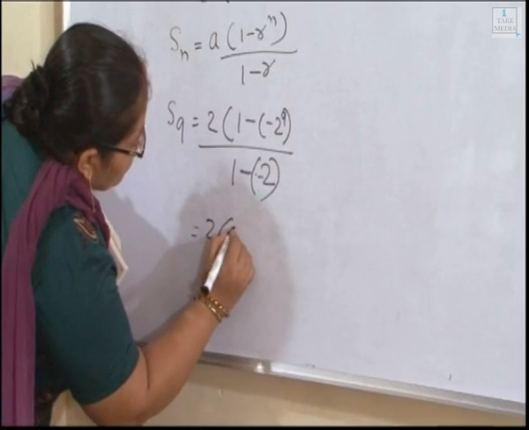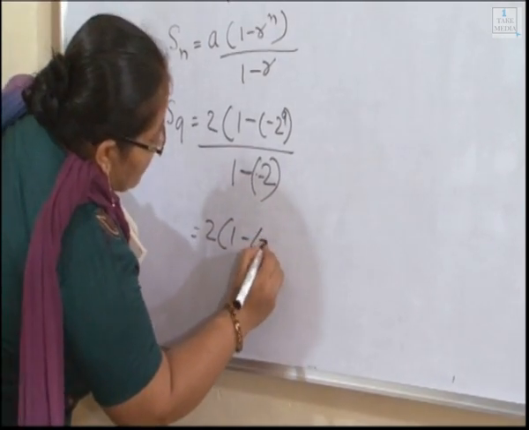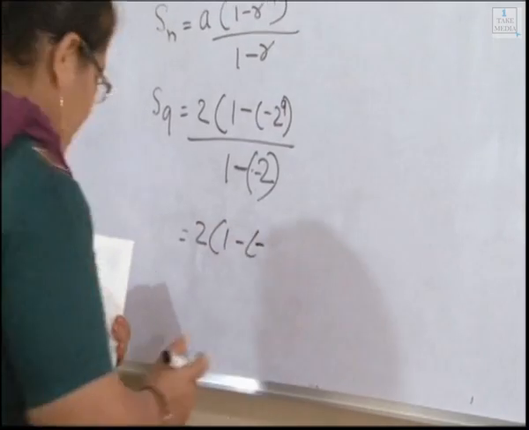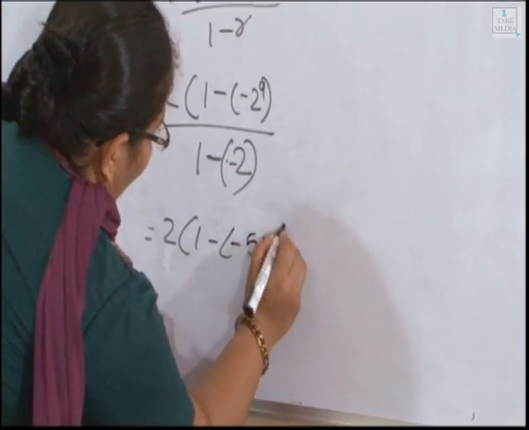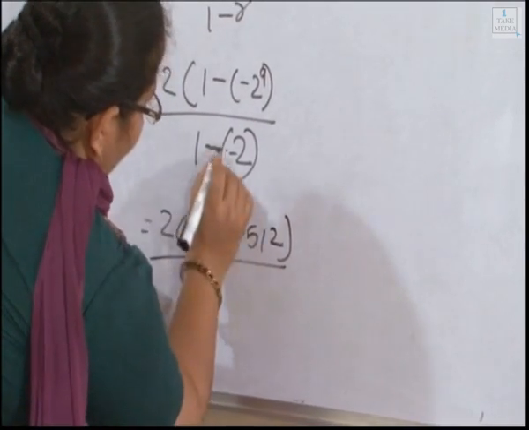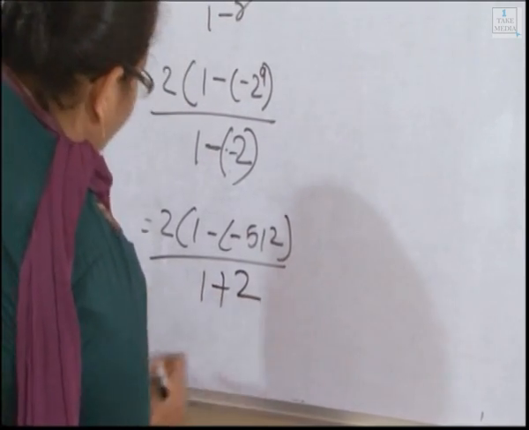So 2 times 1 minus 2 raised to 9, which is 512, upon 1 minus minus 2.